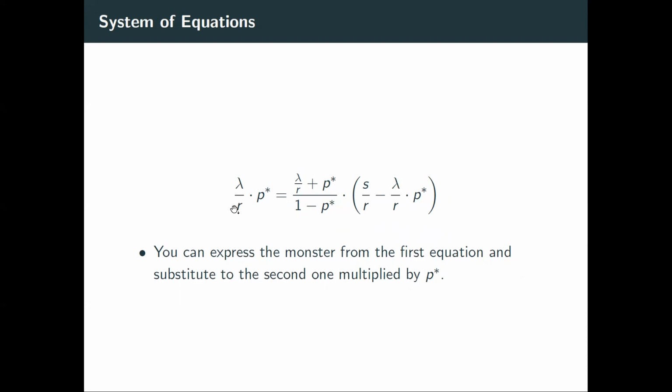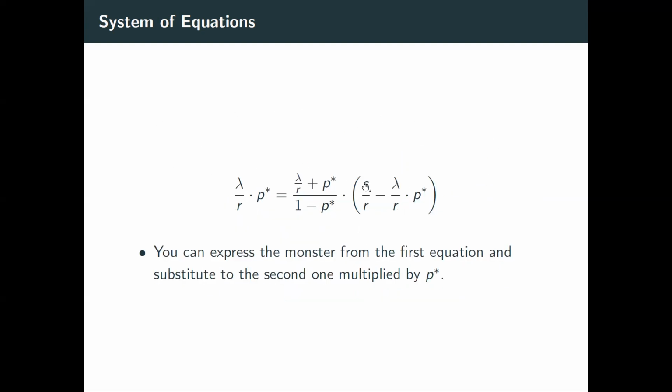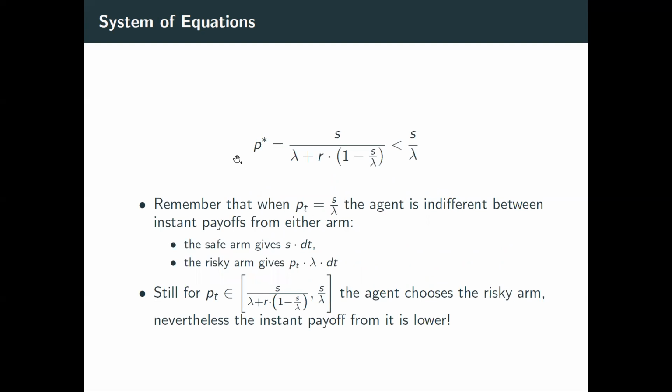And therefore it will be particularly simple to express P star. And this is exactly the P star. I clearly made all these calculations, you can do them or not, whatever. But eventually you have just some answer.